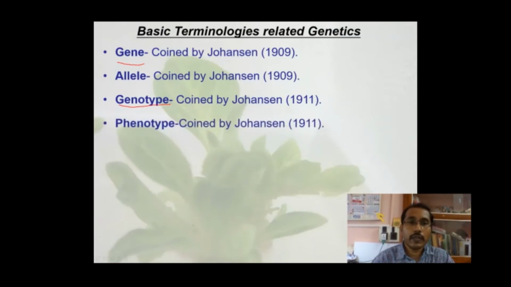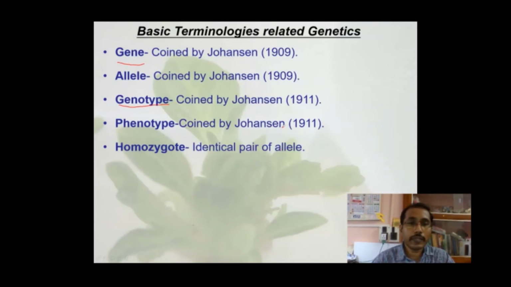Next was phenotype. This is also coined by Johansen. Phenotype is the external features, or we can say the expression of a character that is determined by particular genes. Next one, homozygote, identical pair of allele.